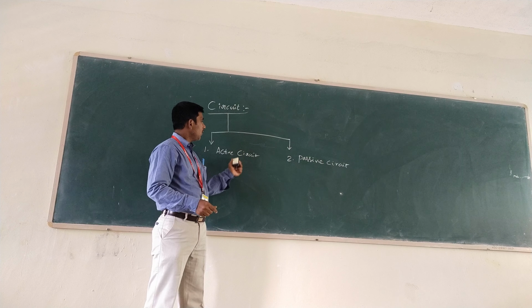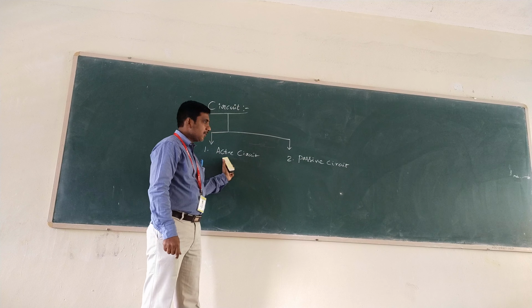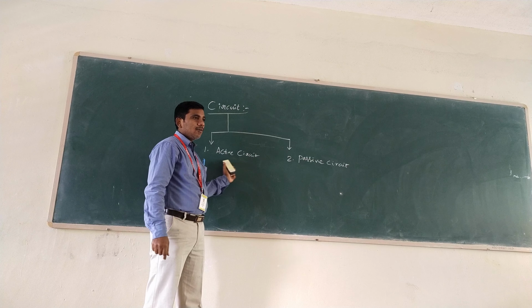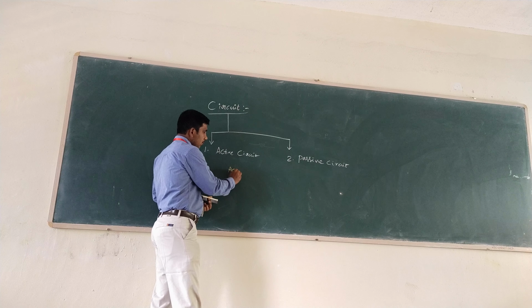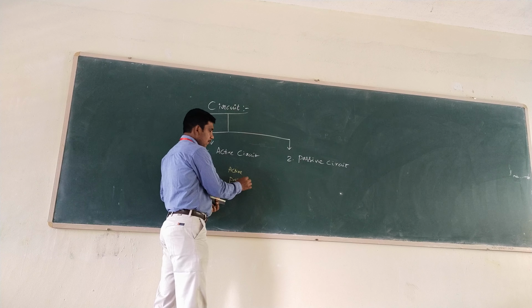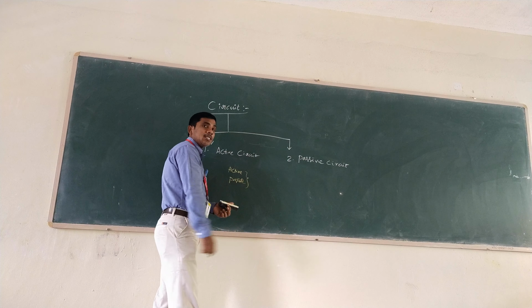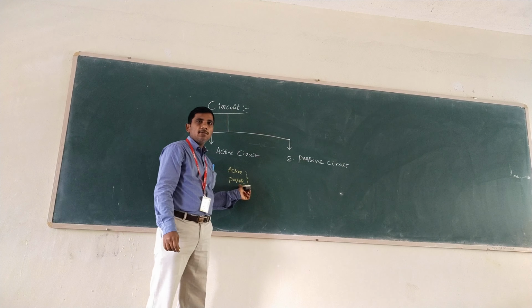First we go for what is an active circuit and what is a passive circuit. An active circuit consists of both active elements and passive elements combined together.